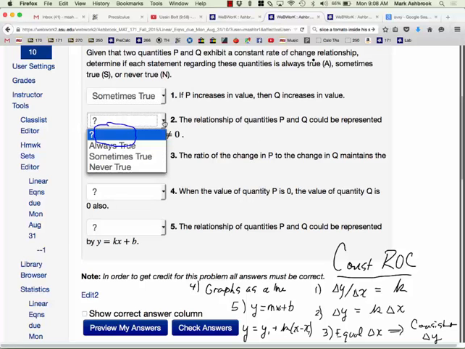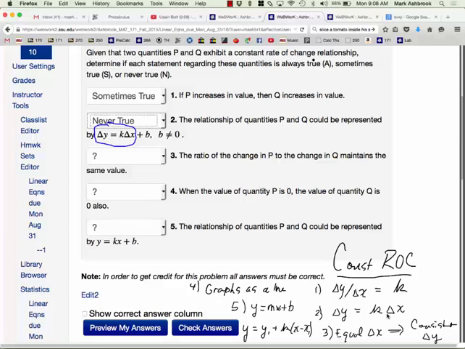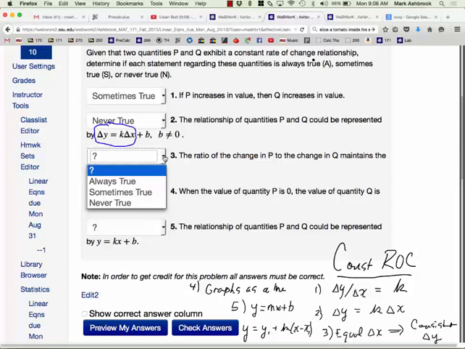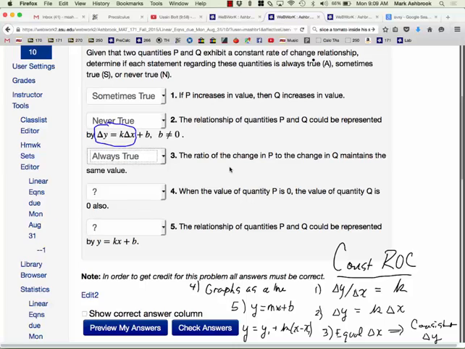Never true. Never, because if we have constant rate of change, we have that. We don't have that plus a non-zero number. Adding a non-zero number will just negate that very fact that we know about constant rate of change, that delta y equals k delta x. Okay, the ratio of the changes maintains the same value. We all know that, right? That's the definition of constant rate of change.